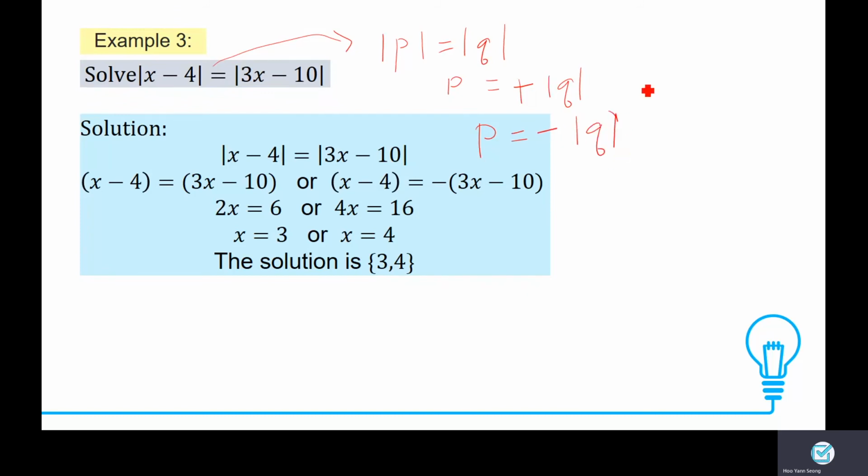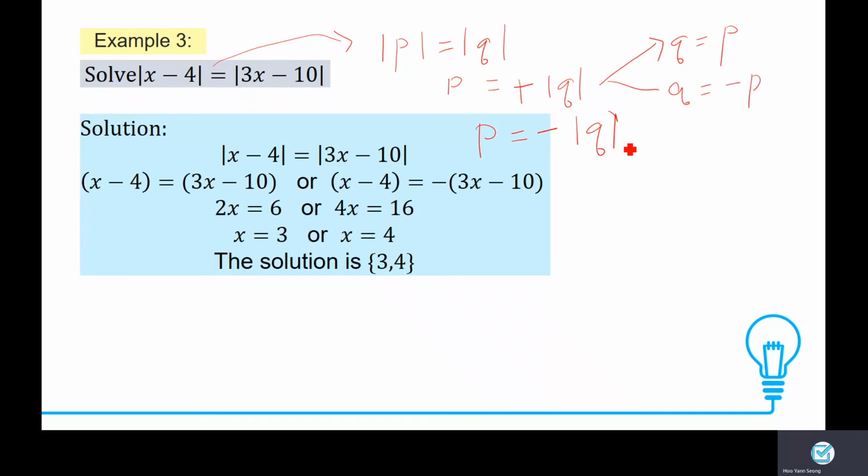Now, since p equals absolute q, we can apply the definition for absolute q. So q will give us positive p, and q will give us negative p.